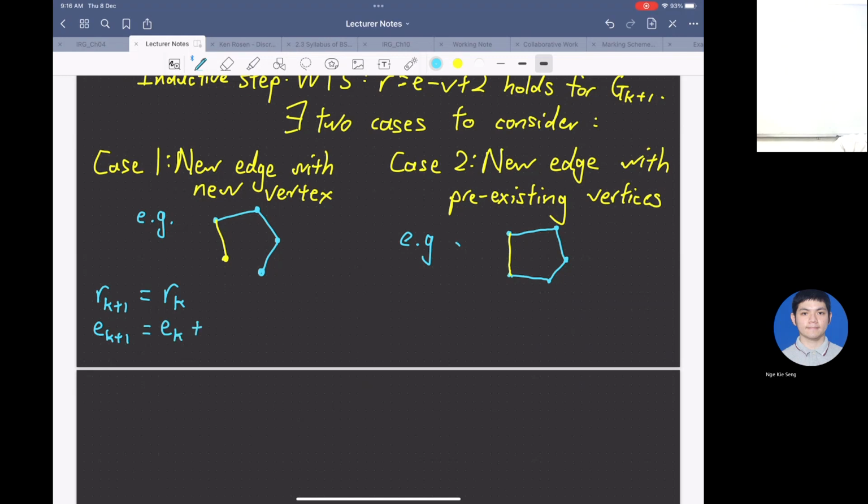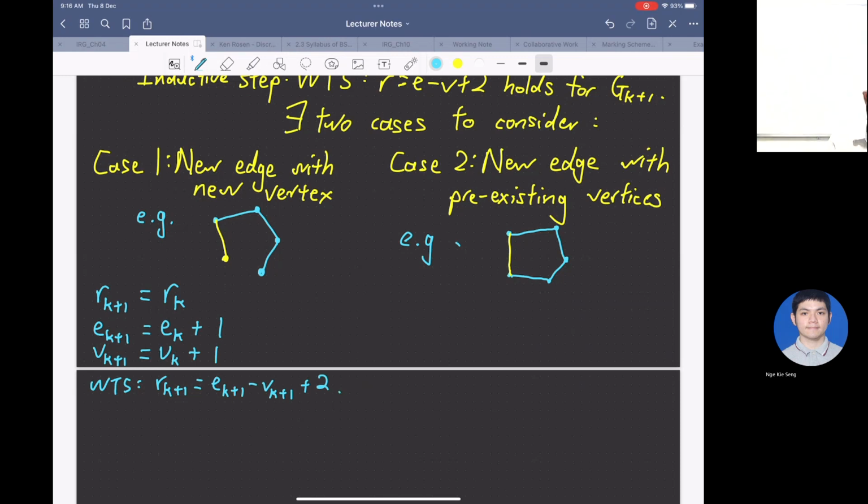Plus 1 to the previous number of edges. How about VK plus 1? Do you have a new vertex? Yes. So you add by how many? 1. Okay, very good. So now we want to show that RK plus 1 equals EK plus 1 minus VK plus 1 plus 2. Okay, this is what we want to show.